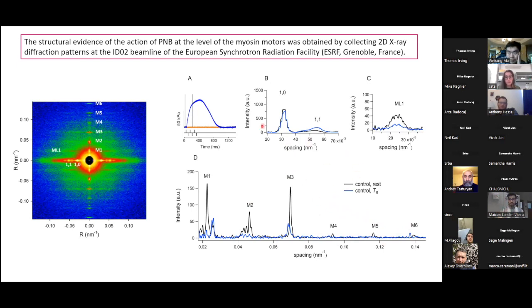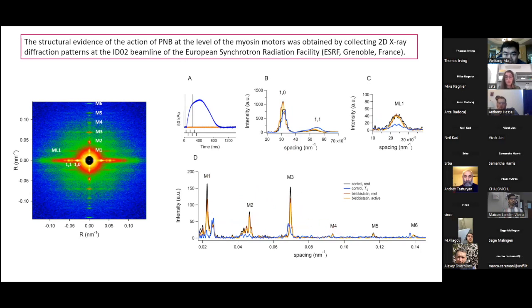Here in the superimposed intensity profiles, there are the black one in normal Ringer solution at rest, and the blue one in Ringer solution, but during tetanic stimulation, compared with those obtained in the presence of para-nitroblebbistatin. And as you can see, in para-nitroblebbistatin solution, even upon tetanic stimulation, all the parameters maintain the value characteristic of the resting state.